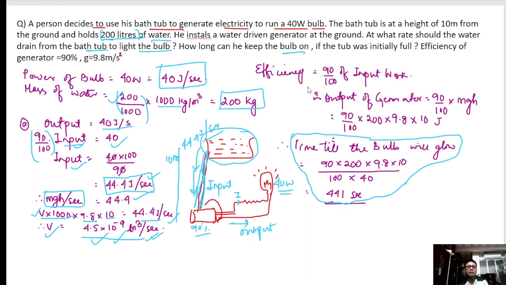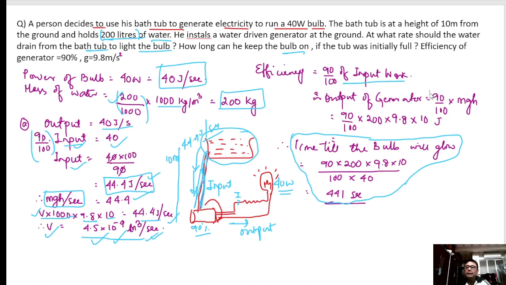The total bathtub was having 200 kg. Okay, the total bathtub was having 200 kg. So what was the total output of the generator? 90% of the input.